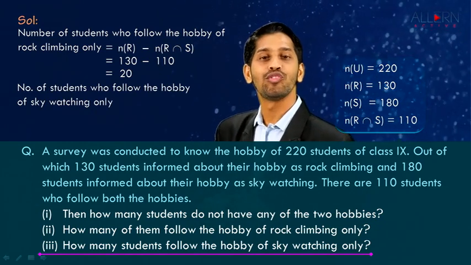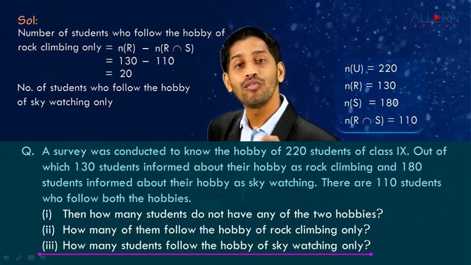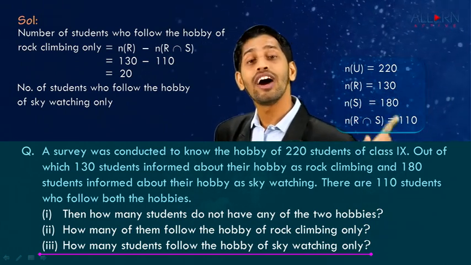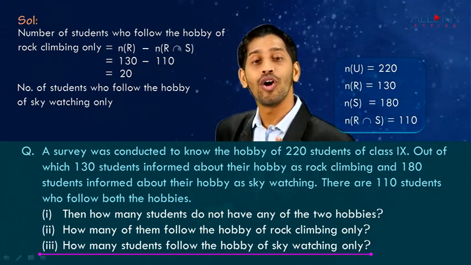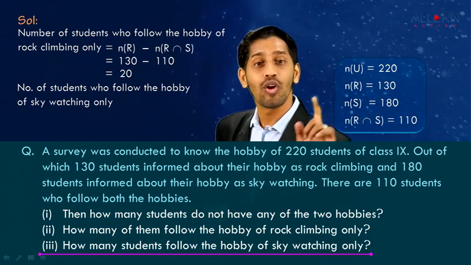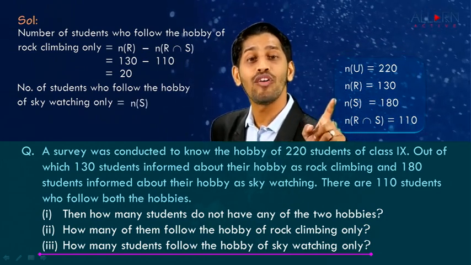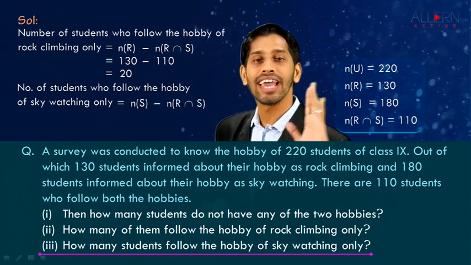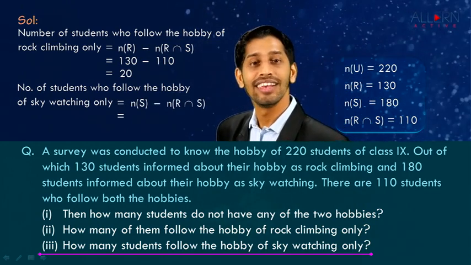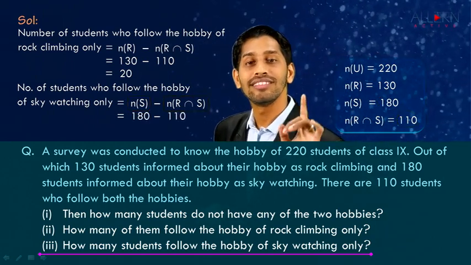The number of students who follow the hobby of sky watching is 180, but out of 180, 110 are those who follow the hobby of rock climbing also. That means from this 180 we have to remove this 110, that is n of S minus n of R intersection S, that is 180 minus 110, which gives us 70.